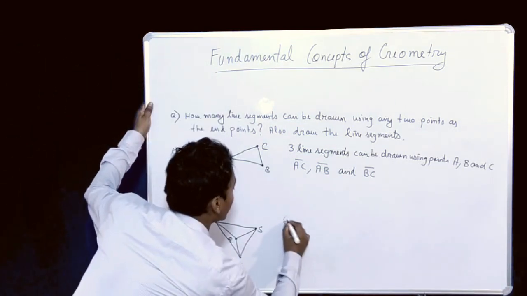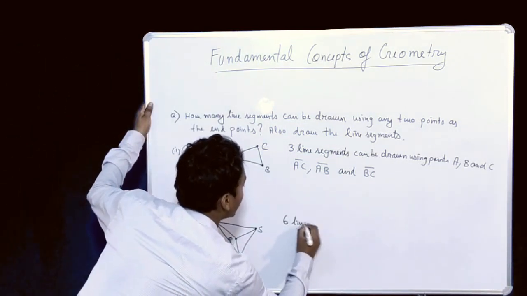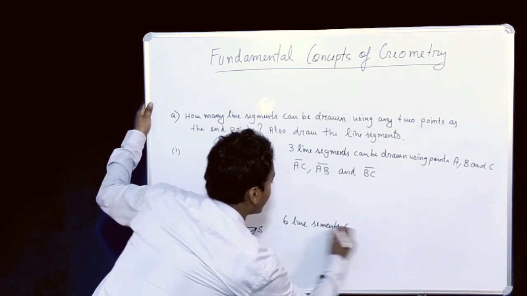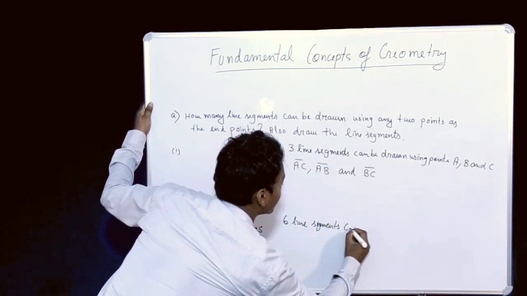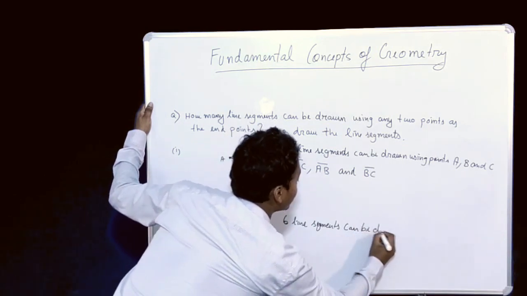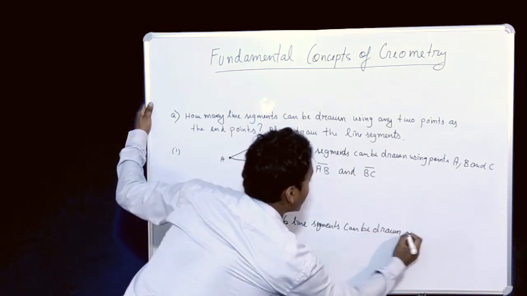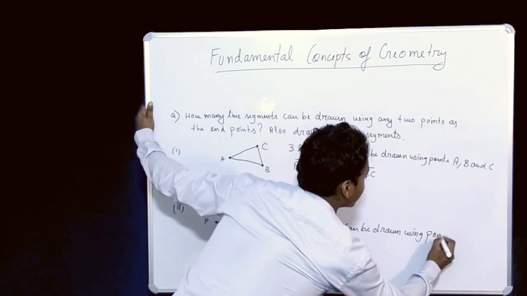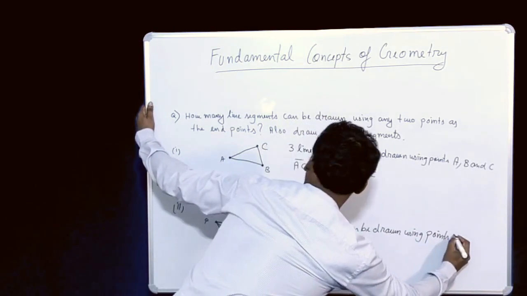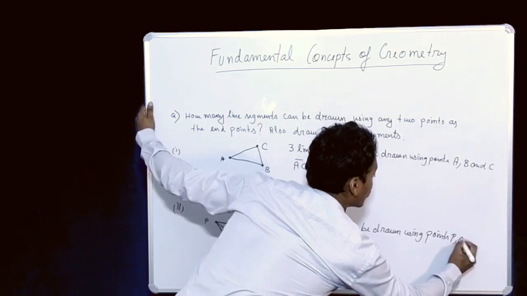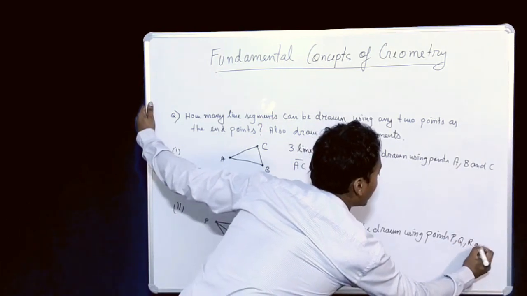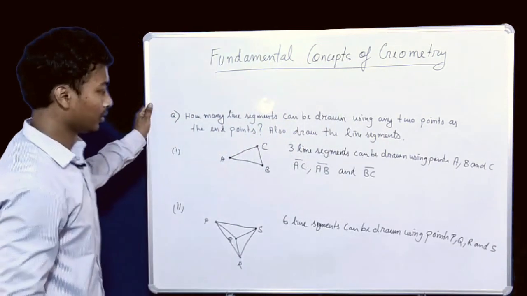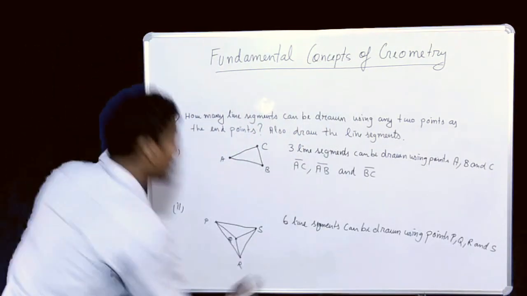So you can write 6 line segments can be drawn using points P, Q, R and S. Let's name the line segments.